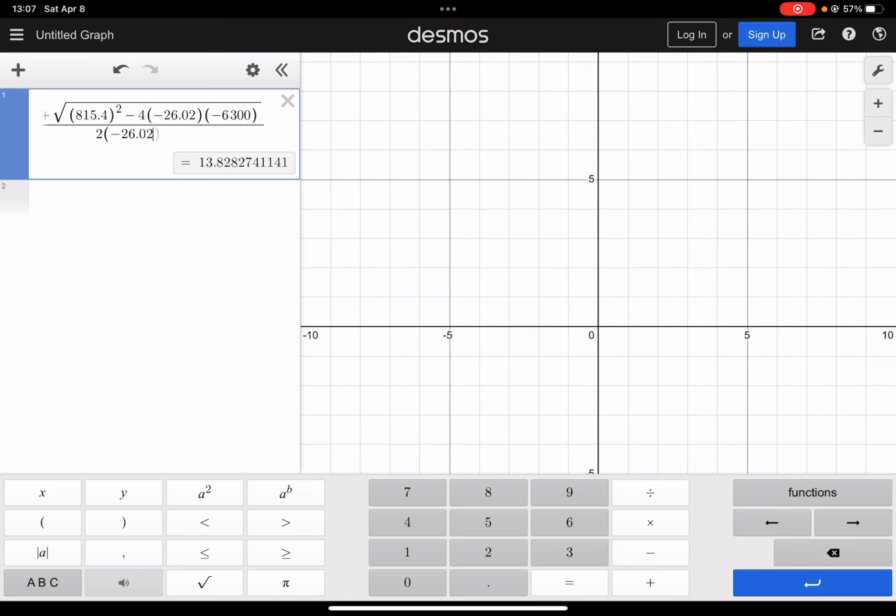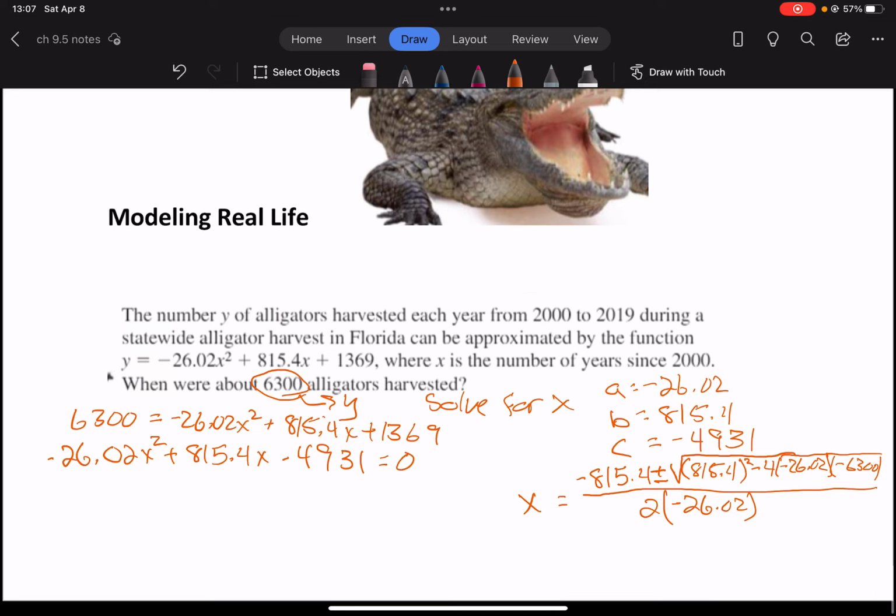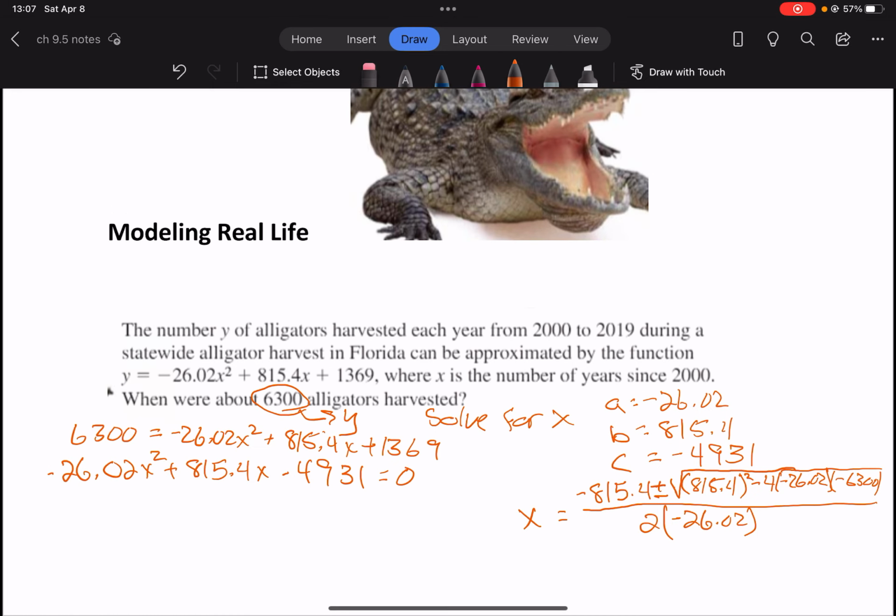And so one answer is 13.82, or we can round that off to the nearest year, or 14. So one x that I get when I solve this out is x equals 14.